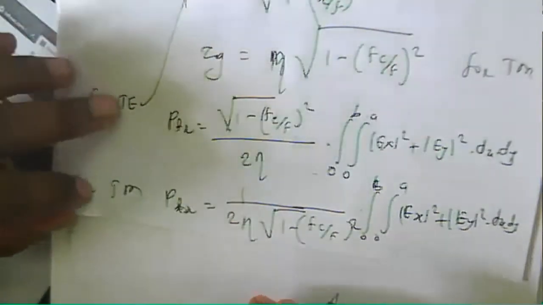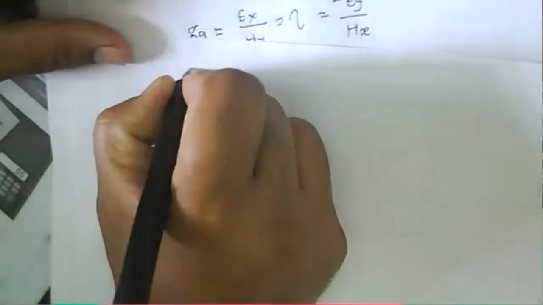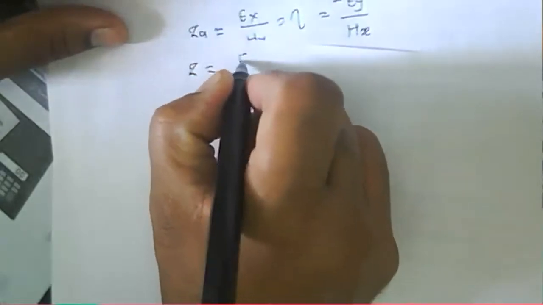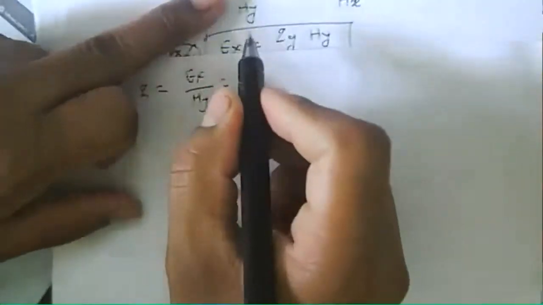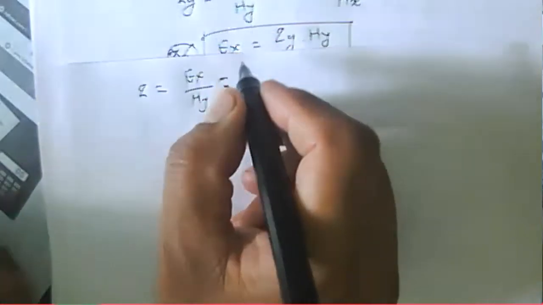Generally, what do we say? The impedance is nothing but the ratio of the components Ex and Hy. That is Ex by Hy, which is nothing but eta.